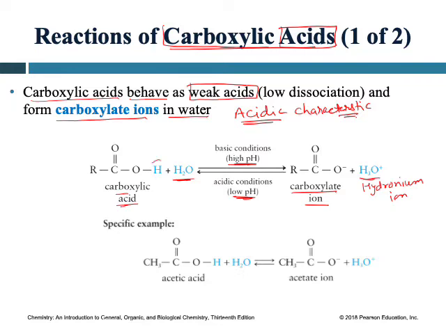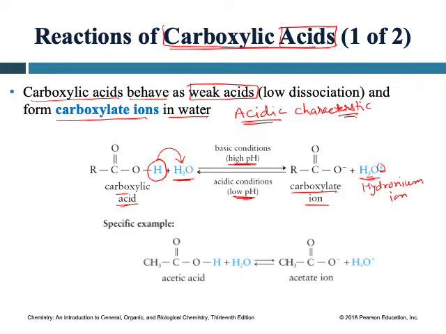Because of this hydrogen, carboxylic acids are acidic. The time you remove this hydrogen, it is going to go to water and form H3O plus. This hydronium ion has one more hydrogen compared to the water molecule, so that's why it has a positive sign. From the definition, acids are those compounds that can donate a hydrogen or provide the hydrogen or proton ion. And then you have the carboxylate ion.